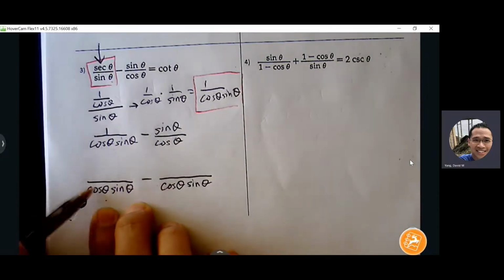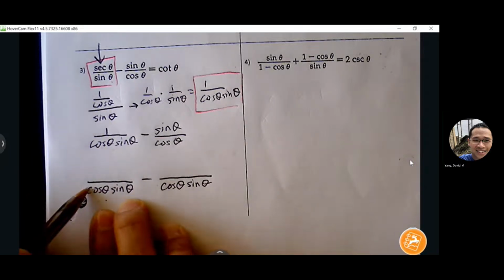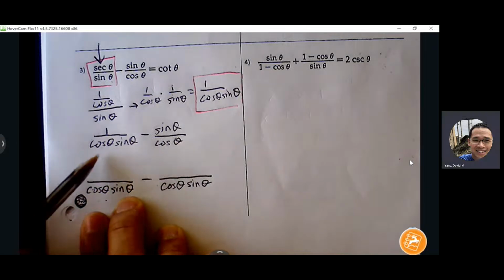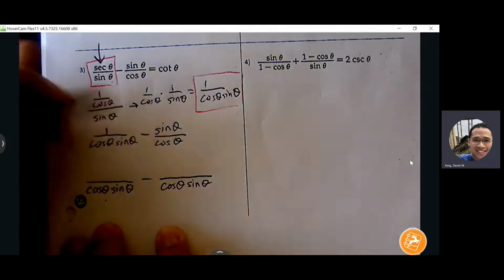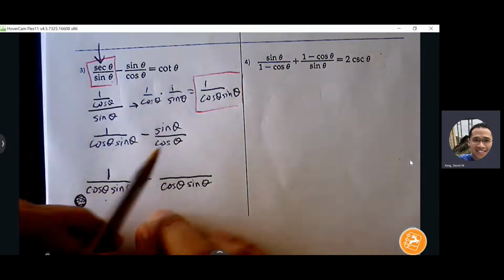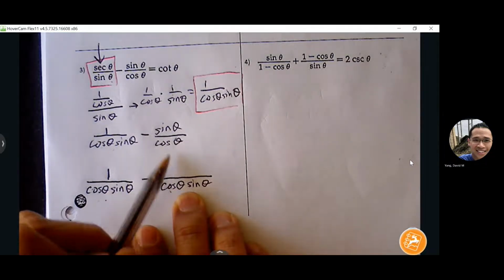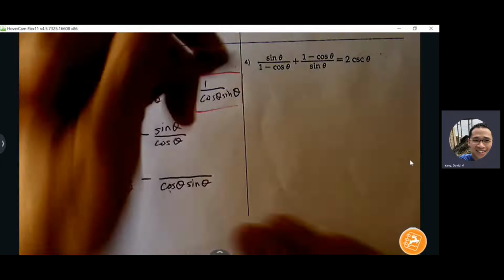All right, any balancing needed here? What do you think? First fraction, any adjustment needed? Just bring down the 1. Okay. Second denominator, any changes needed? Multiply by sine.